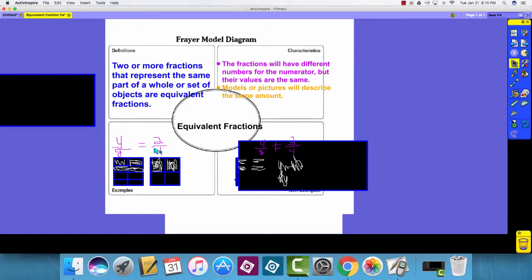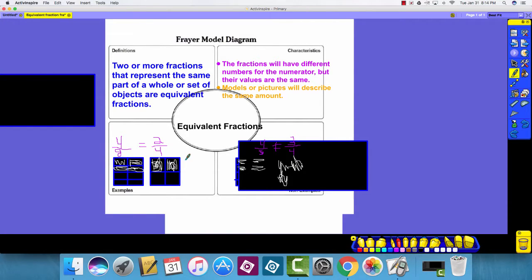4/8 is equal to 2/4. You can see that I have the same amount shaded here. I have 2 parts out of my 4 total parts shaded, but it's still equal to 4/8 because I have the same amount shaded. And some of you might even realize that this 4/8 is actually equal to 1/2. I have exactly half of both of these squares shaded.